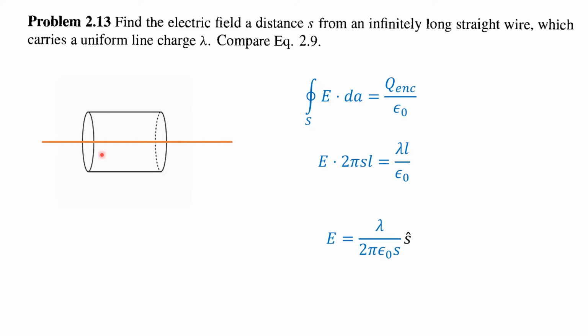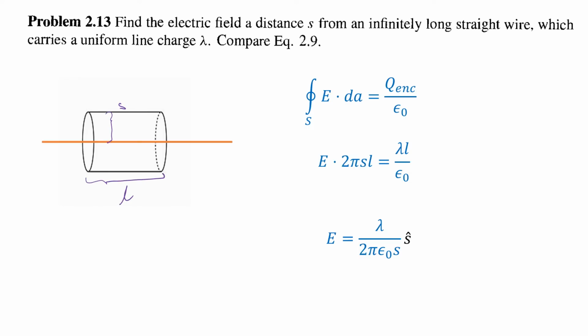We are taking a Gaussian surface in cylindrical form. The radius of this cylinder is s, and the cylinder length is L.